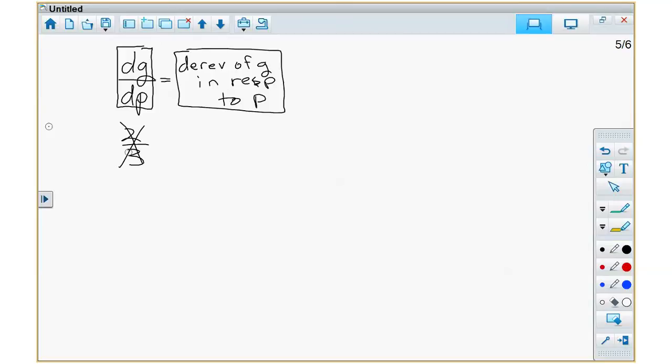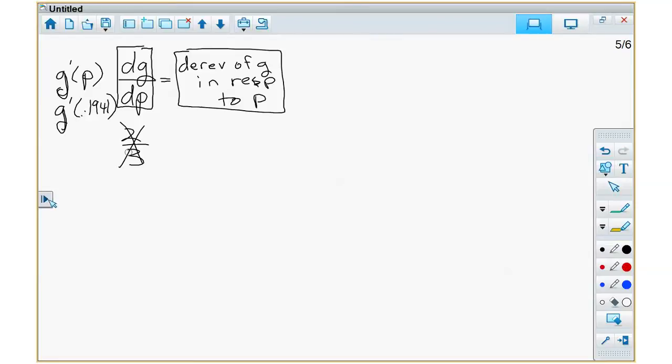I like to use G prime. G prime of P is what I use. Because that way I can plug in G prime of what? What was that number? 0.1941.